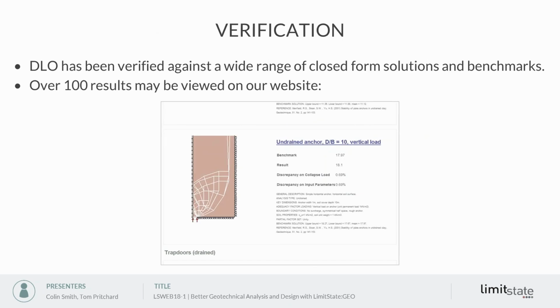The method has been verified against a wide range of closed-form solutions and benchmarks from the literature. We've put over 100 results on the website, so you can find the relevant page. It gives you a whole load of examples. This one that we've put here is for an anchor in clay soil, effectively, at a burial depth of 10 times the anchor width. The benchmark solution in the literature was 17.97.